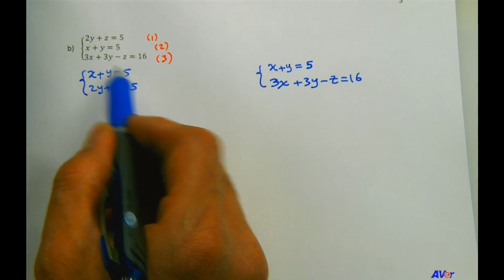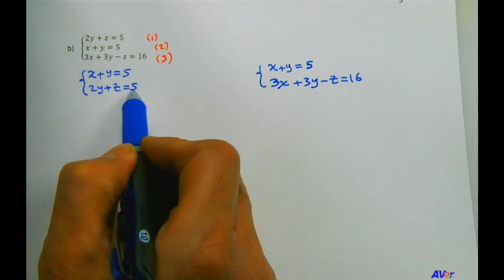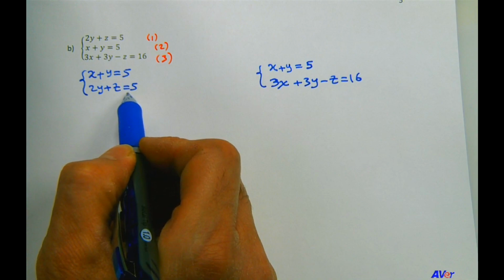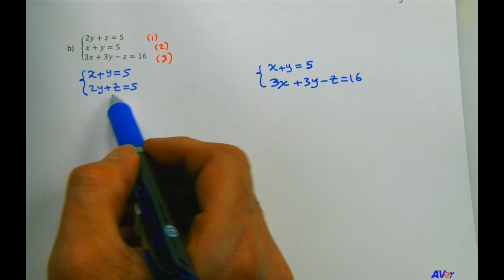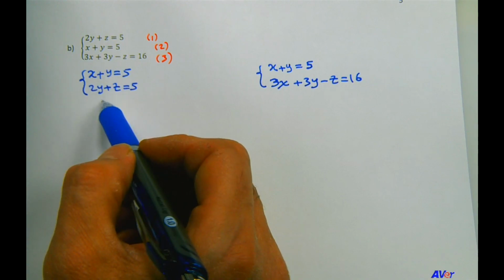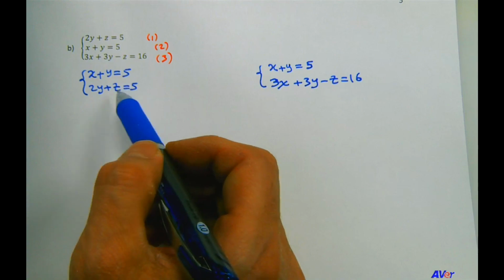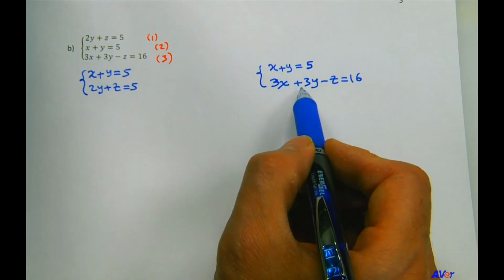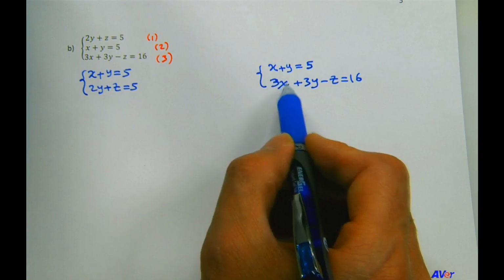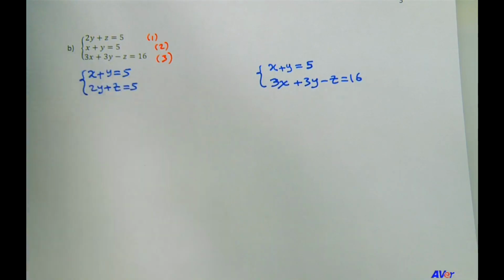So even though normally you would have the choice as to which variable to eliminate, in cases like this, you don't have a choice. Because of the way these equations are, you must eliminate variable y. No choice. Which means when we get to this side, we must eliminate variable y from this pair. Okay, so let's do that.